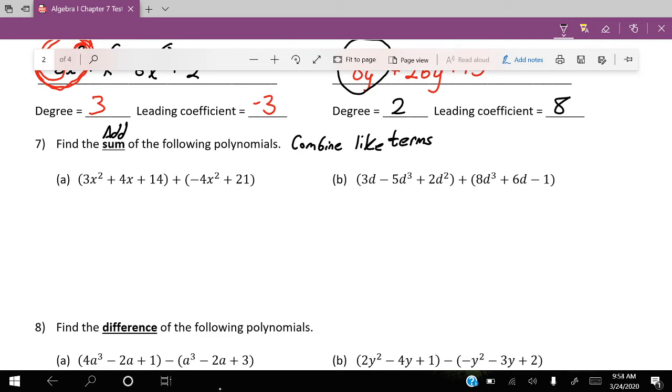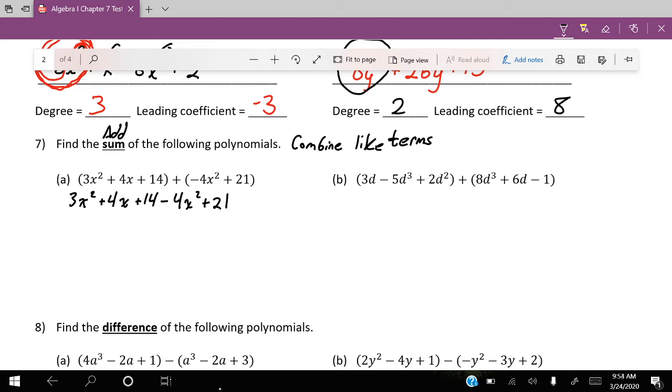So our problem says 3x squared plus 4x plus 14 plus negative 4x squared plus 21. I'm going to get rid of these parentheses. First thing I'm going to do, 3x squared plus 4x plus 14, plus negative 4x squared. I'm really just going to say minus 4x squared plus 21.